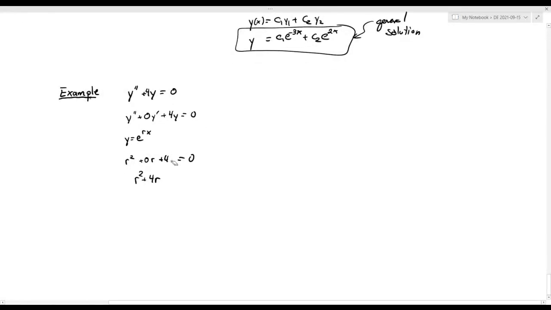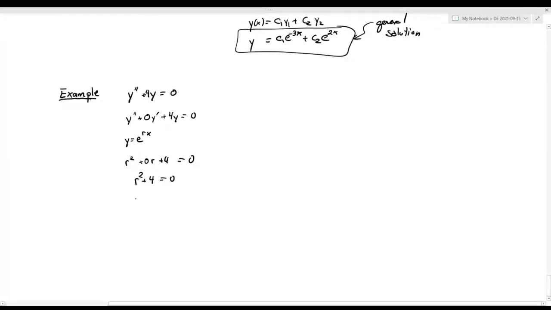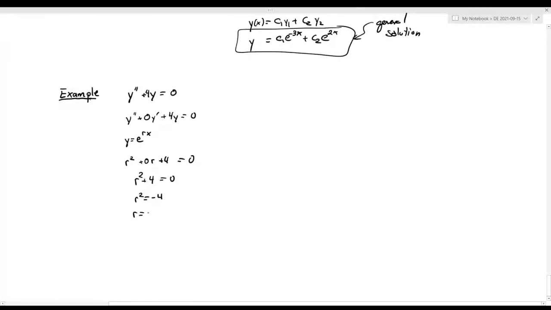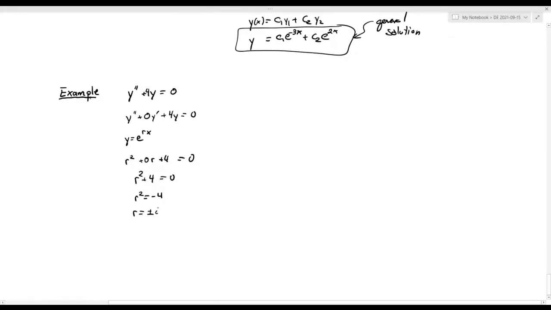Oops, sorry, y becomes just r to the 0 power. So here we see that r is going to be plus or minus 2i. We're taking the square root of -4, so we get an imaginary i out of that.